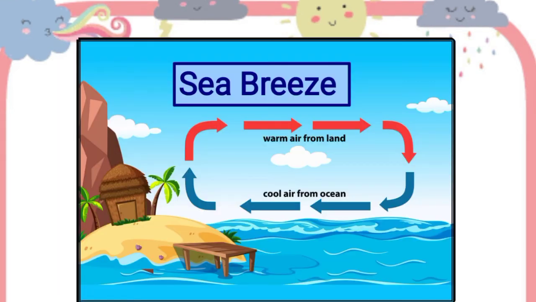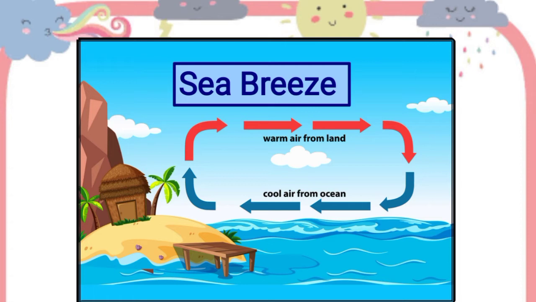Now let's understand what is sea breeze and land breeze. As you know, the sun heats up land as well as water bodies on earth, and land heats up as well as cools down faster than water. This gives rise to sea breeze and land breeze, especially in coastal areas.